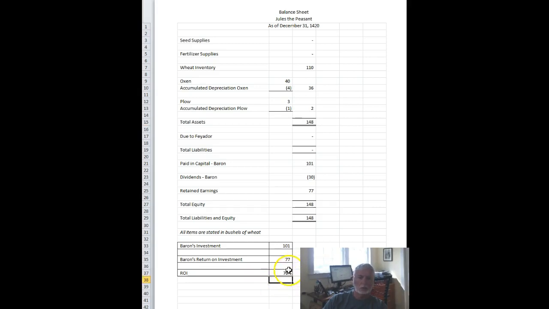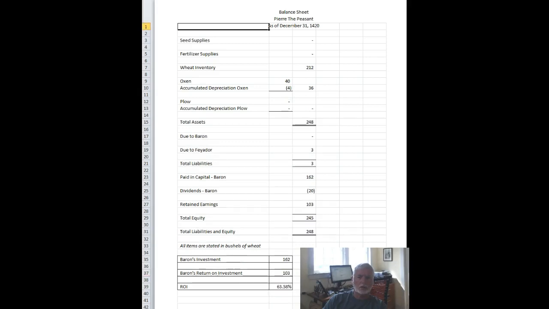That's pretty good. Is that better than Pierre? Well, if we look at Pierre's balance sheet, all of the information is similar, though he had a different return and he had more investment. The Baron paid in 162 bushels of equity for Pierre, received dividends, earnings, and so forth.